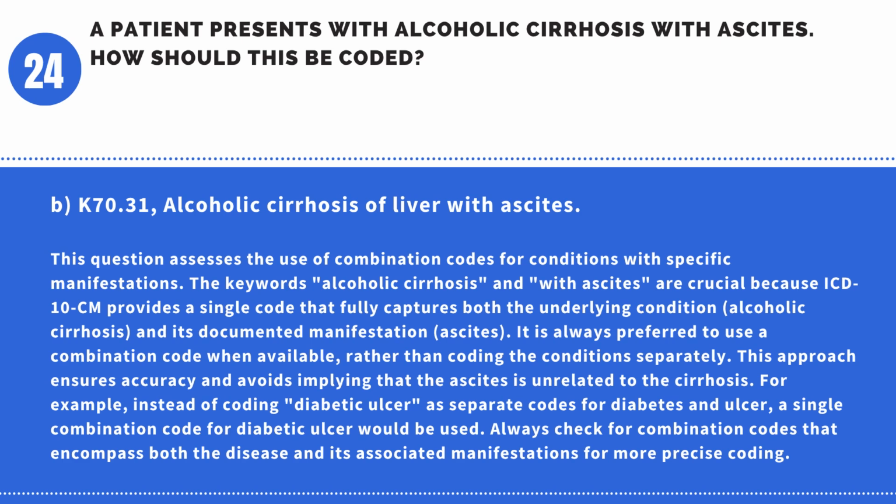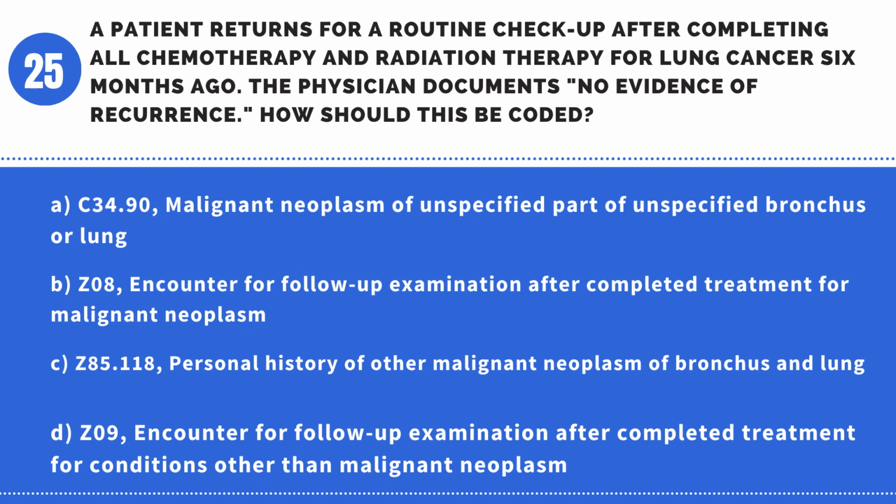precise coding. Question 25. A patient returns for a routine checkup after completing all chemotherapy and radiation therapy for lung cancer 6 months ago. The physician documents no evidence of recurrence. How should this be coded? A. C34.90, malignant neoplasm of unspecified part of unspecified bronchus or lung. B. Z08, encounter for follow-up examination after completed treatment for malignant neoplasm.